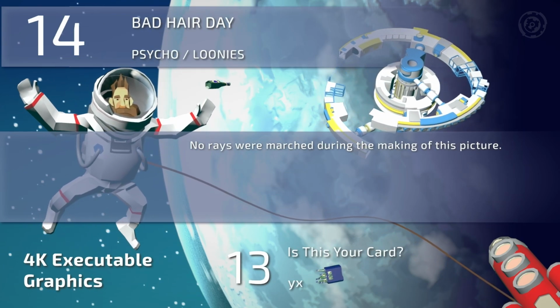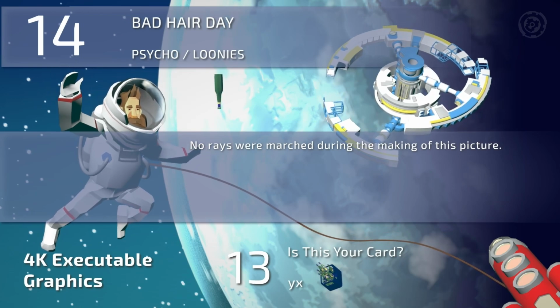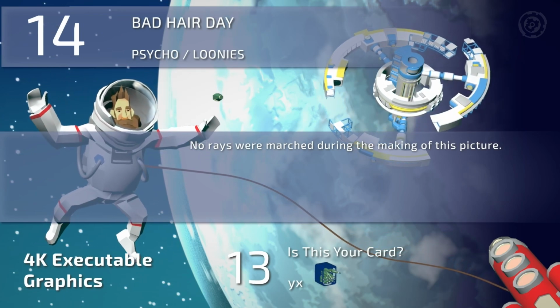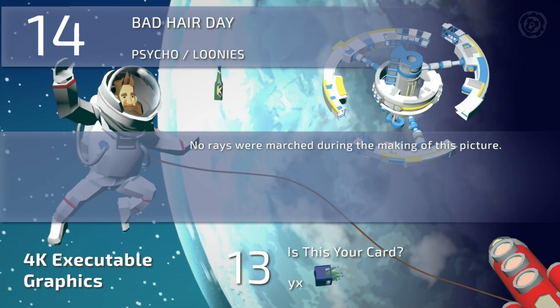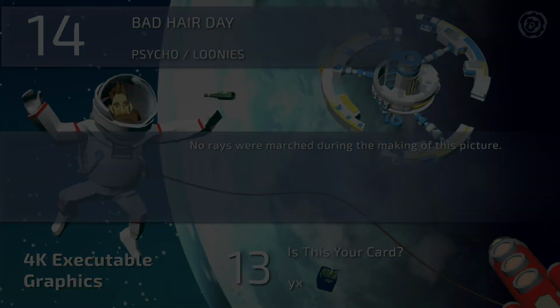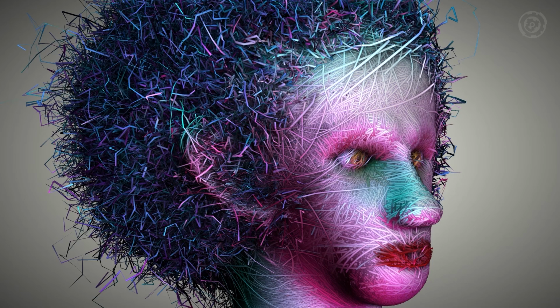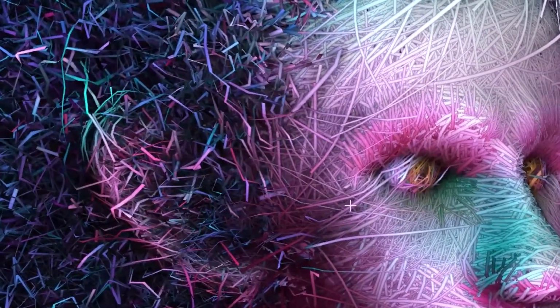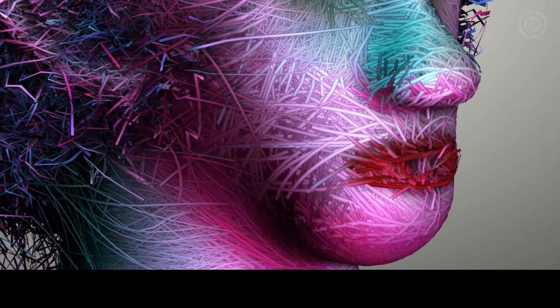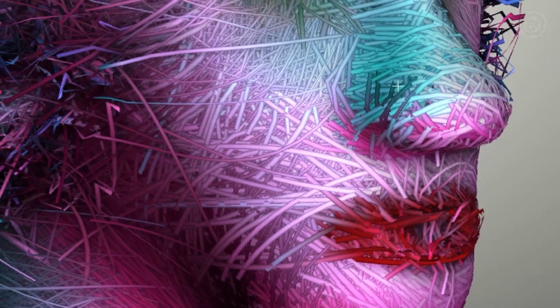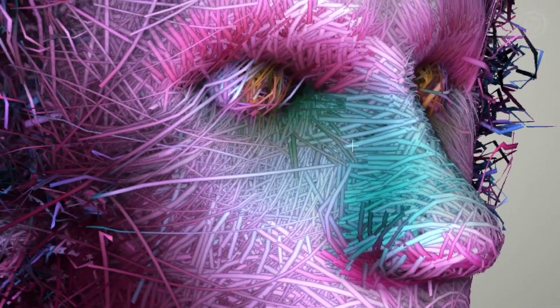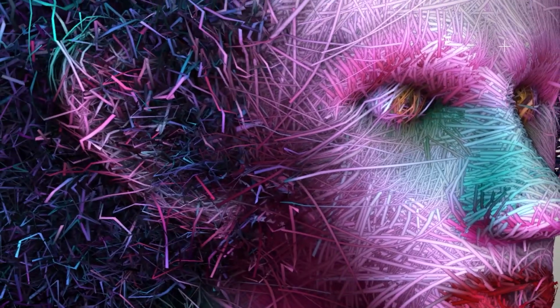Entry number 14 is Bad Hair Day by Psycho of Loonies. Claims no ray marching, but we'll be the judge of that. I think he might be telling the truth on this. I think he's using a different technique. That is not so much ray marching, more sort of straw bending.